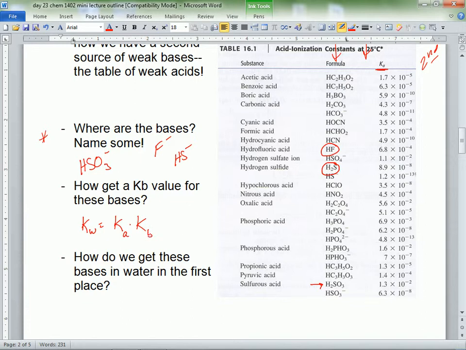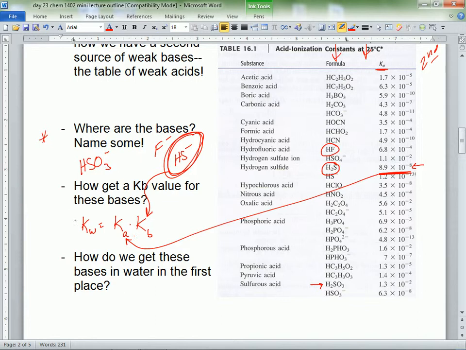Right. So if you have a base, you have to calculate its Kb. We'll plug in the Ka for H2S, plug that number in, and solve for Kb. What's Kw, by the way? Remember what it was?